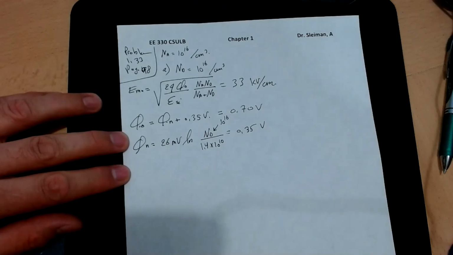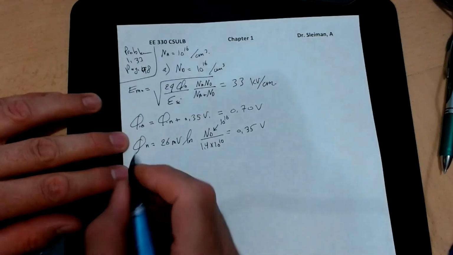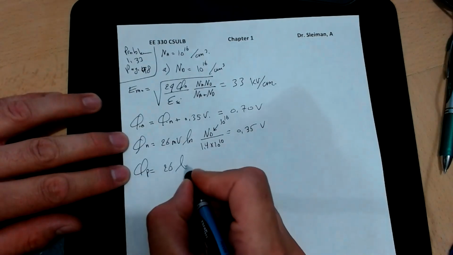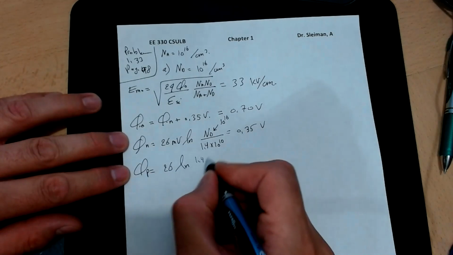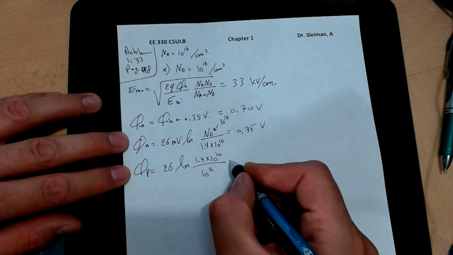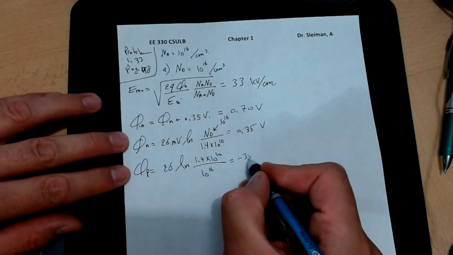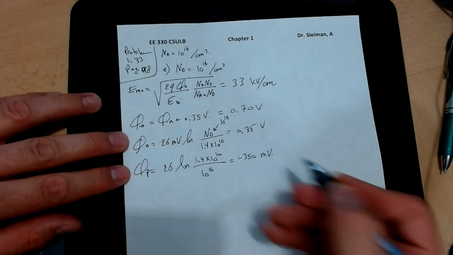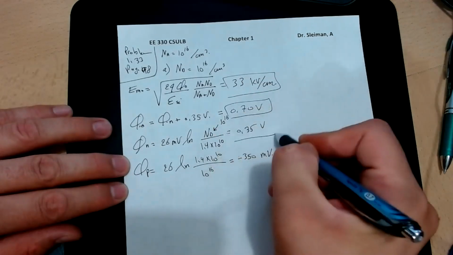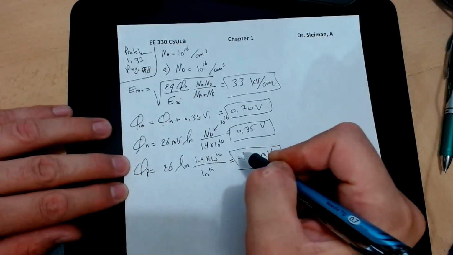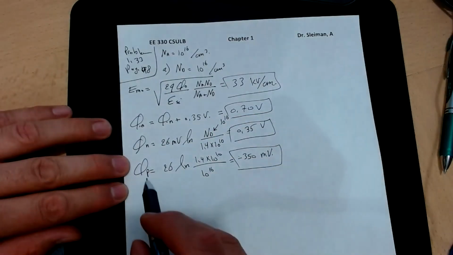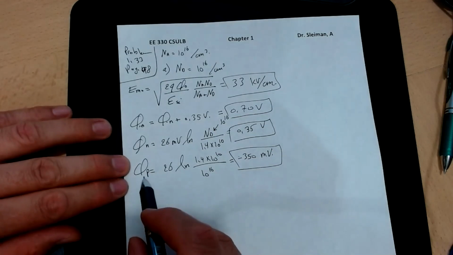Okay. So we need the value for phi p, which is equal to 26 ln of 1.4 times 10 to the power 10 divided by 10 to the power 16. And this will be equal to negative 350 millivolts. So we got phi p.